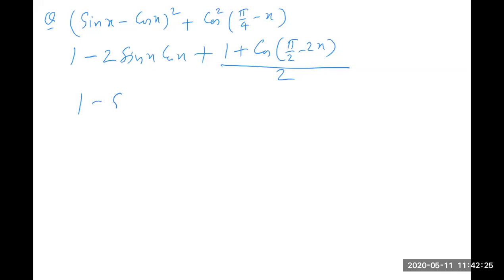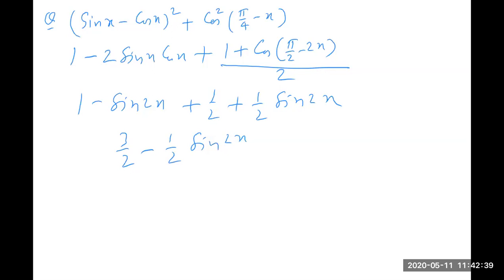So 1 minus sin 2x plus 1 upon 2 plus 1/2 sin 2x. So it is 3/2 minus 1/2 sin 2x, which belongs to 3/2 minus 1/2 to 3/2 plus 1/2, that is 1 to 2. Yes, your answer was correct. Very good.